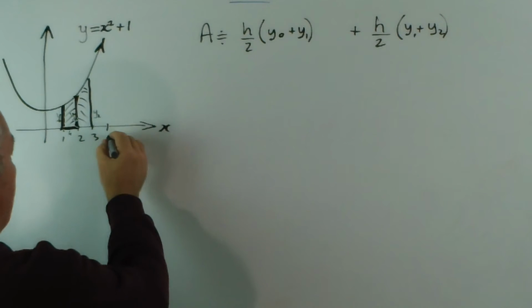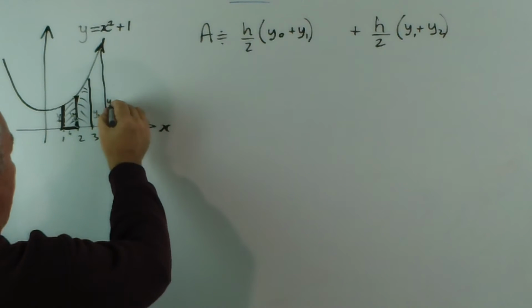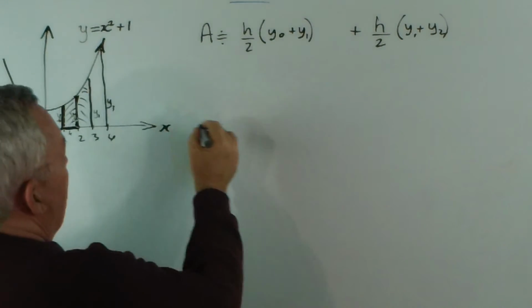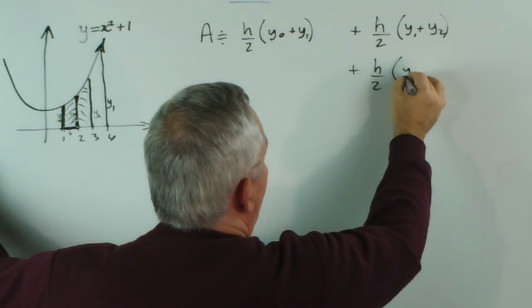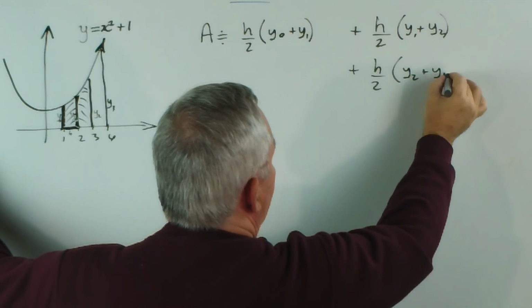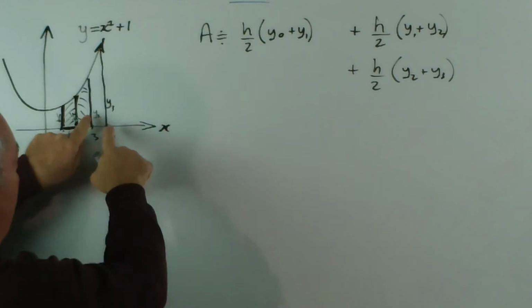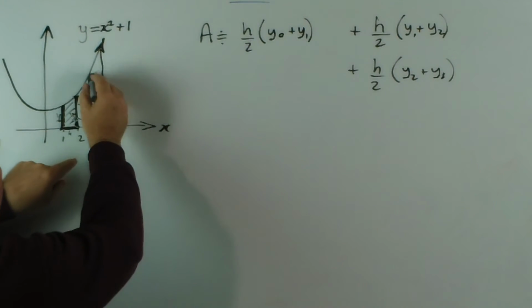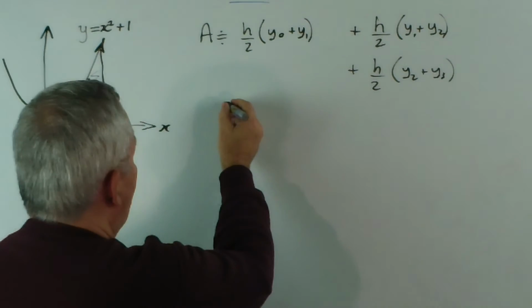Actually, if we had a third one, let's put that in. This would be y3, and we'd have plus h on 2, y2 plus y3, because we've got y0, y1, y2 and y3, and we average these two to find the average height of that trapezium, or trapezoid.